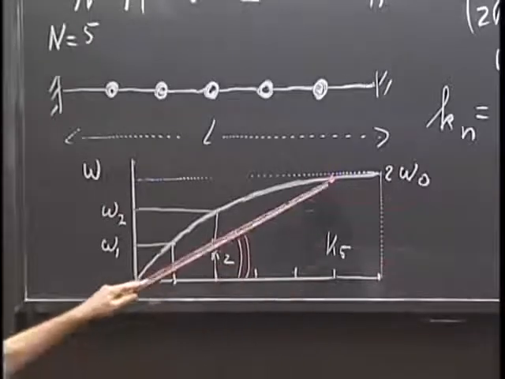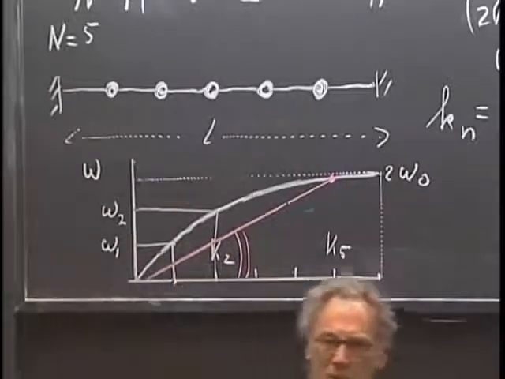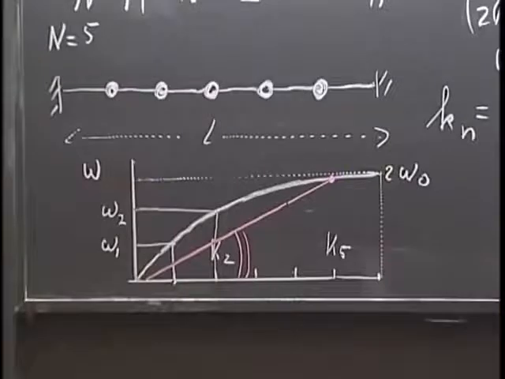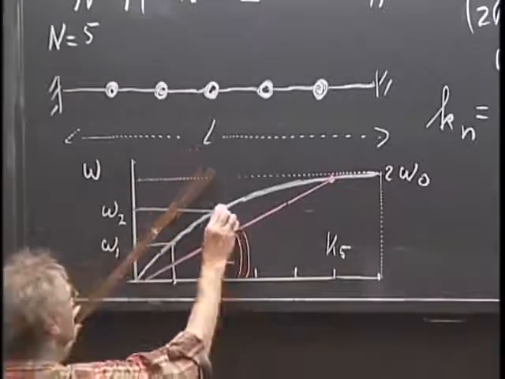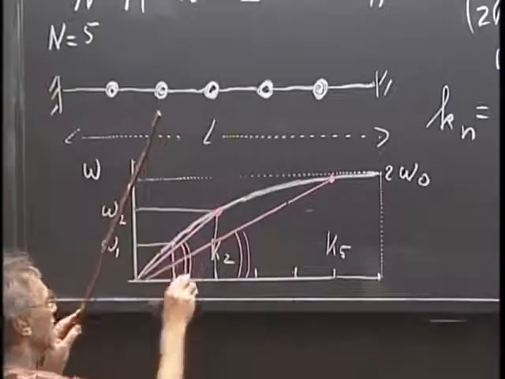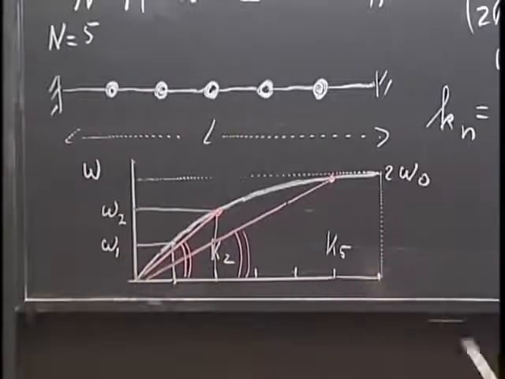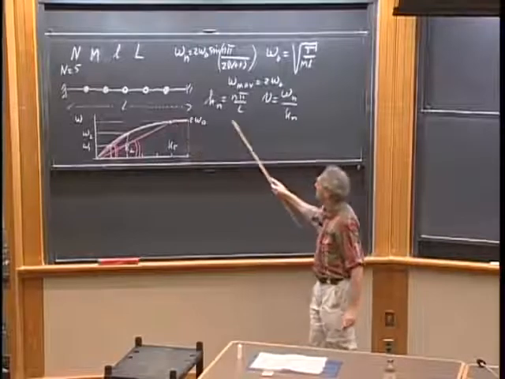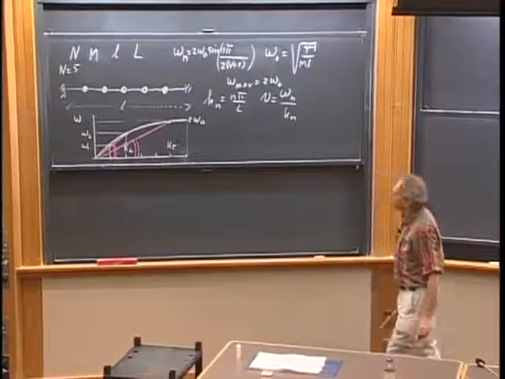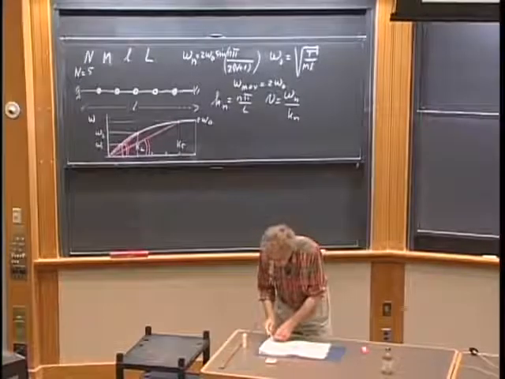So the slope is a measure for the propagation speed. And you see that if I go to this point here, and I draw this line, the slope is larger, and so the speed is larger. So you see here, in a graphical way, which is always very nice to use, omega-k diagrams, what I already argued with you, that the higher the frequency, the lower the speed of propagation. And that is what we call dispersion.